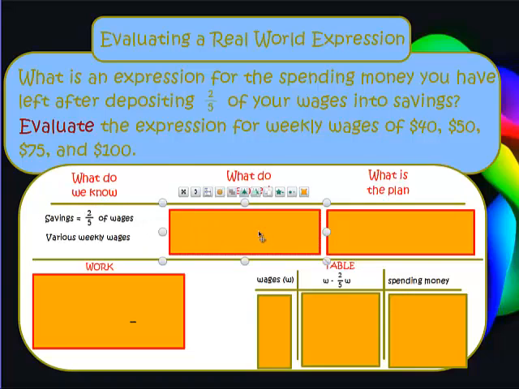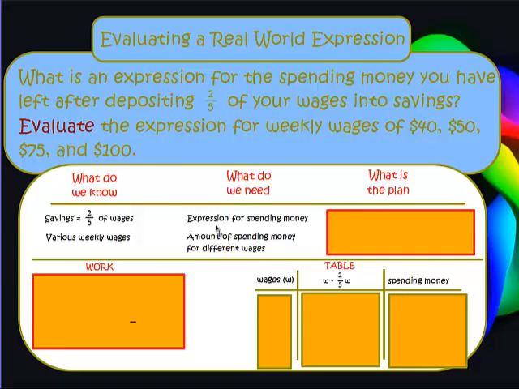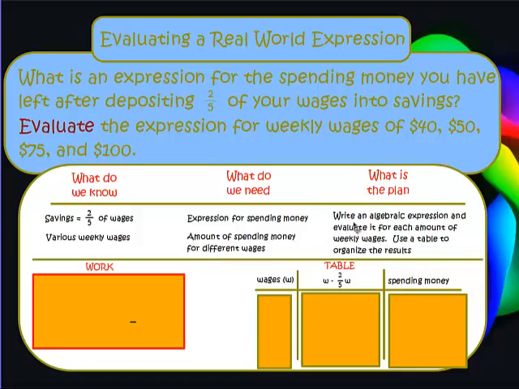So what do we need? Well, we need to find an expression for our spending money, and we also need to find the amount of spending money for each of these different wages. And how are we going to do that? Well, we should write an algebraic expression, and we need to evaluate it for each amount of the weekly wages.